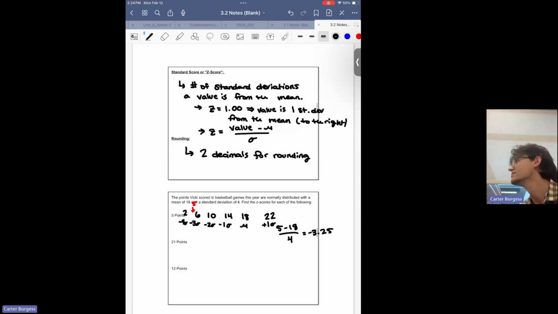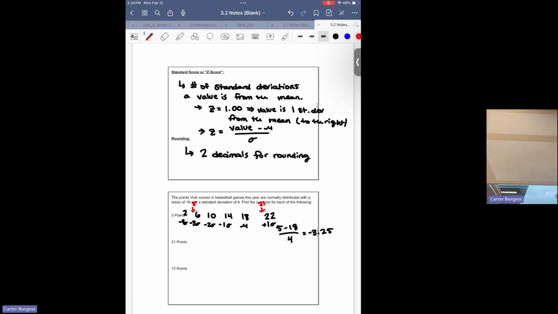So we're looking at 21 points. Where does 21 points fall? In between these, we're going to find 21 points. What fraction of a standard deviation do we see here? Of 4 points, we are 3/4 of the way to our next full standard deviation.